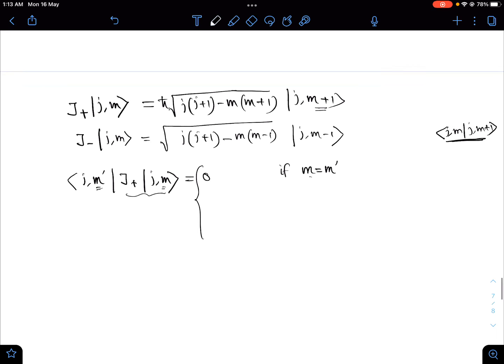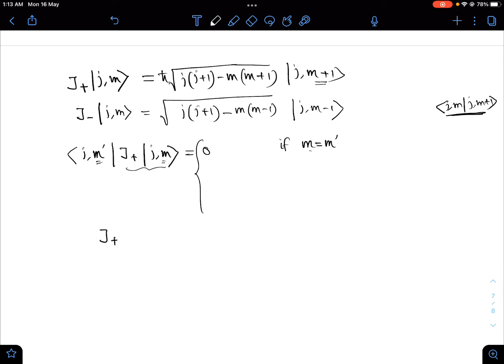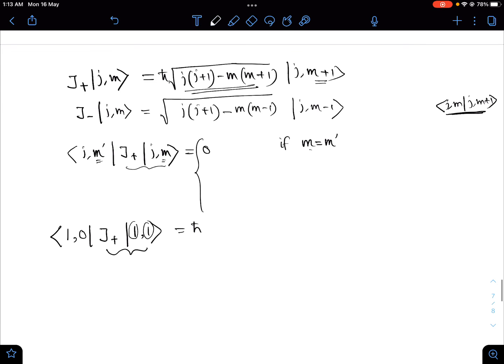So let us calculate this for <1 1| and suppose |1 0>. This term will give us ħ, where j value is 1 and m value is 1. If they are the same, this term will produce 0, so this expression will be 0.